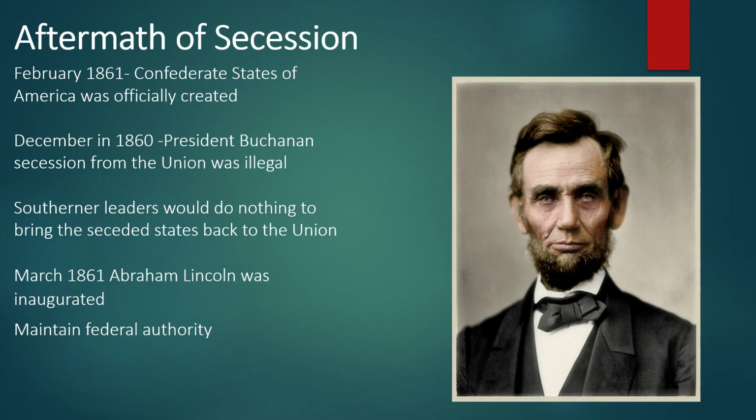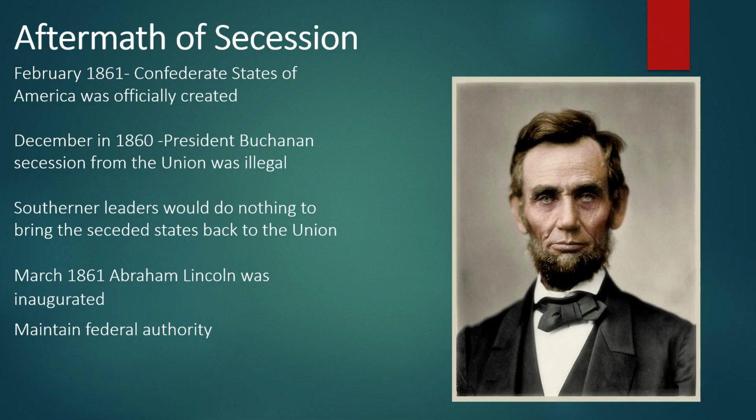When Lincoln is inaugurated in March of 1861, he faces a nation that's on the brink of collapse, right? He's got part of the nation who has left and formed their Confederacy. So he is committed to preserving the Union. He wants to maintain the authority of the federal government, but he also doesn't want to provoke a war.